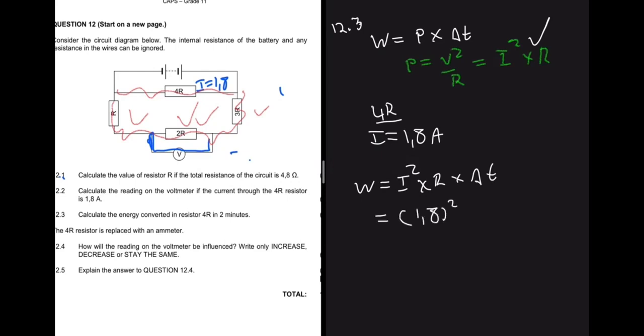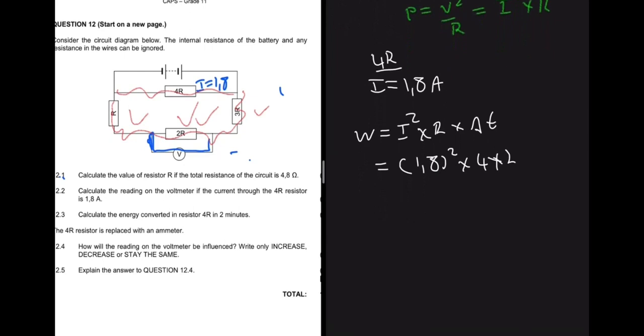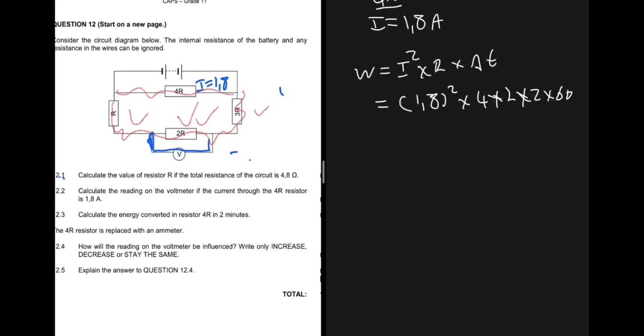We square it, and then we multiply by 4, multiply by 2, because the value of R is 2, and then multiply by the 2 minutes, and we multiply the 2 minutes by 60 to convert to seconds. If you punch that in your calculator, you're going to get the work equal to 11036.8 joules, and then you are essentially done.